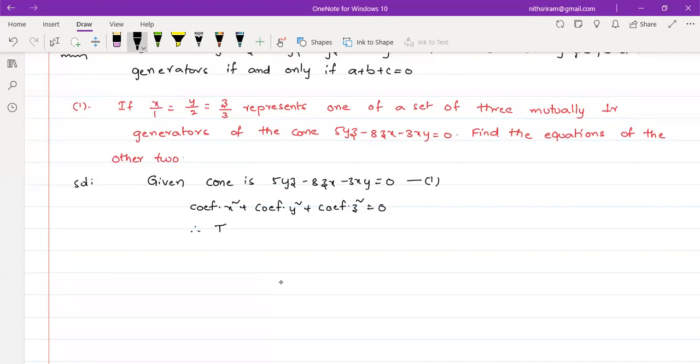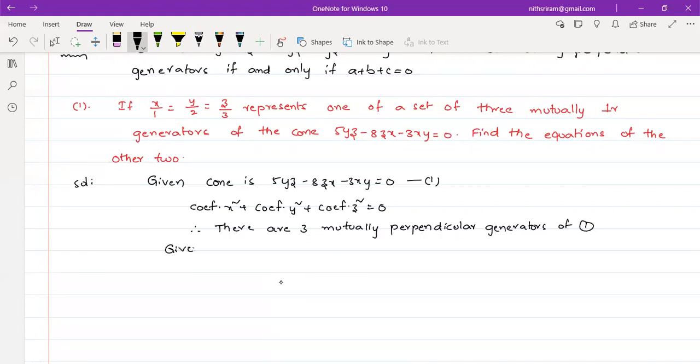So therefore we can conclude there are three mutually perpendicular generators. We have to check it first, whether the given cone equation has three mutually perpendicular generators or not, by adding the coefficients of x square, y square and z square so that we get 0. So mutually perpendicular generators of equation 1.